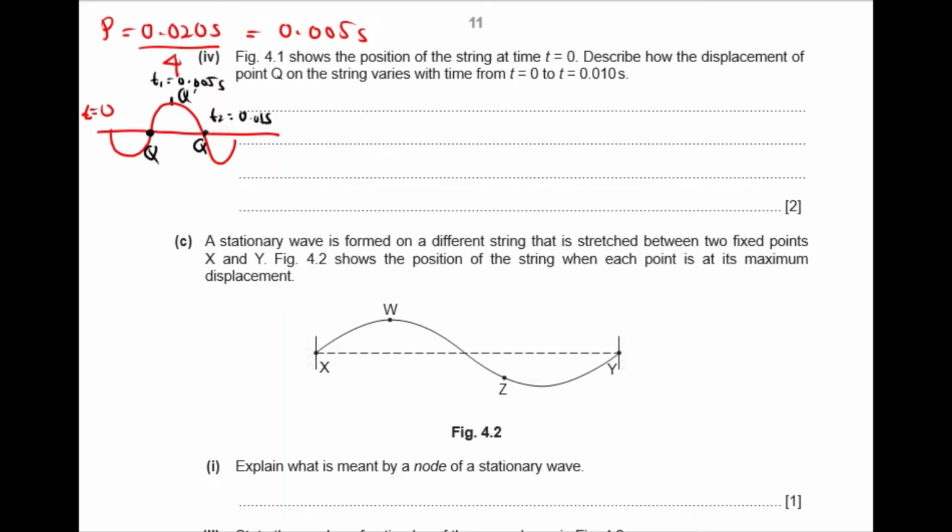Okay, so we can say that at t equal to 0.005 second, Q has maximum displacement, maximum displacement downward.